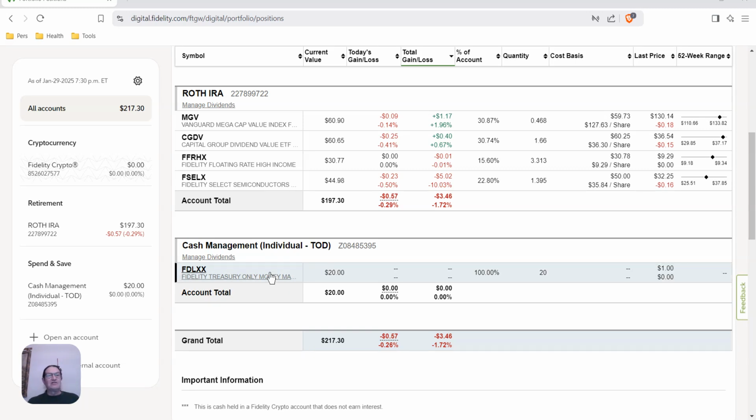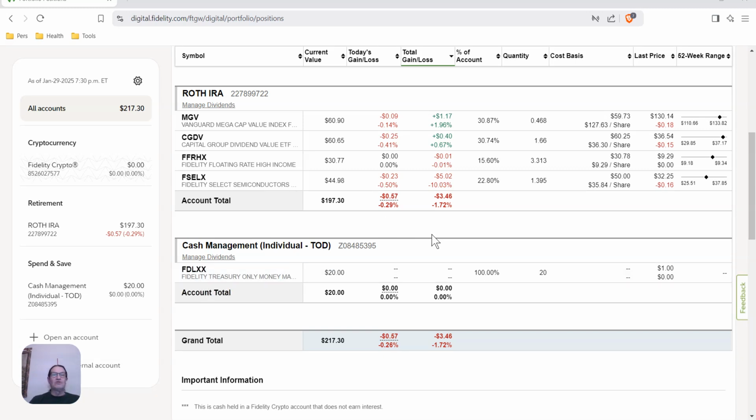FDLXX to it. So the benefit we have with this is, number one, after we've created this, we can apply for a debit card. The debit card is usable at any ATM worldwide, and any fees associated with the debit cards are all automatically covered.